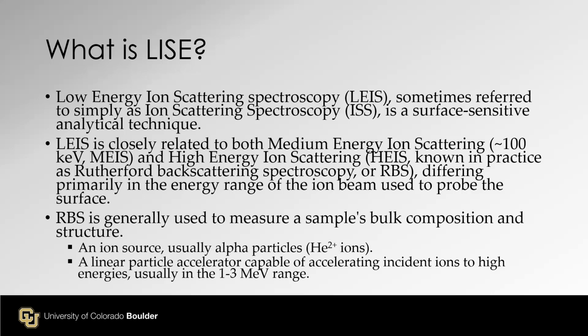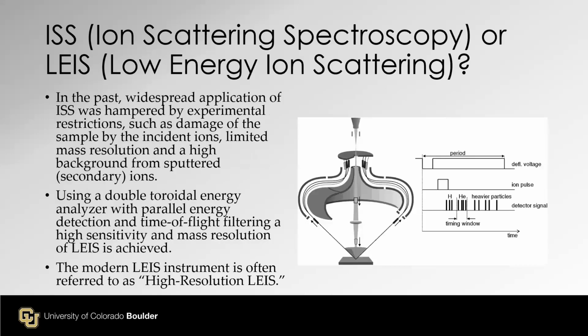While LEIS is a surface monolayer sensitive technique, RBS is used to measure samples' bulk composition and structure, and typically uses alpha particles in the 1 to 3 mega electron volts range. It's very different from LEIS.